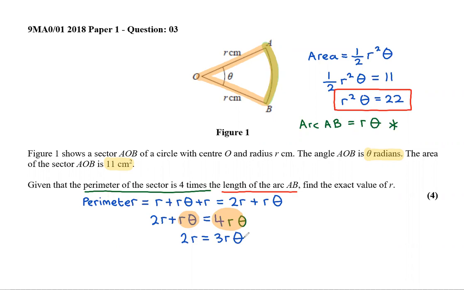Okay, now if we assume that r is non-zero, which it will be because otherwise the sector would just be a point in space, dividing by r, we will get 2 is equal to 3 theta. I'm just going to write that again.